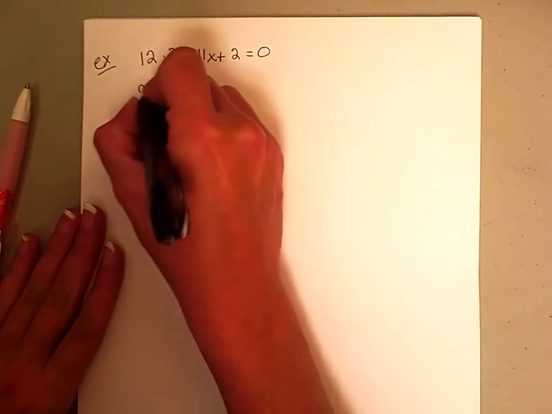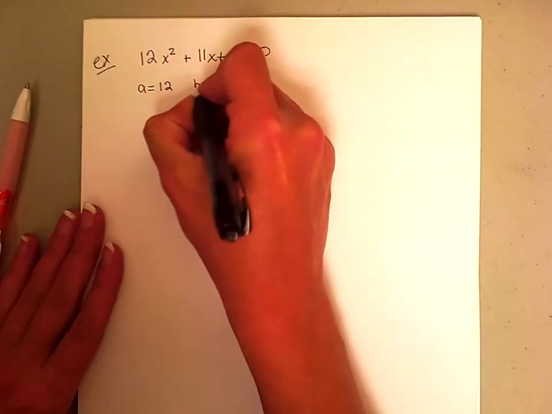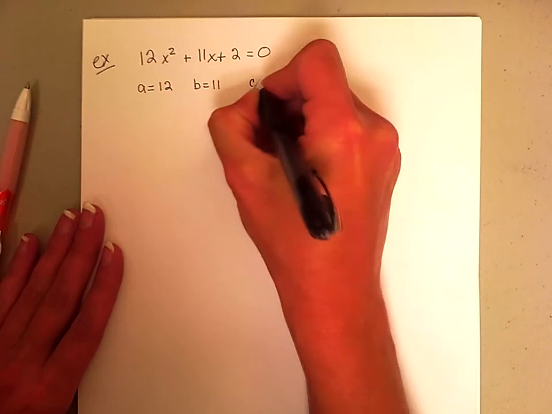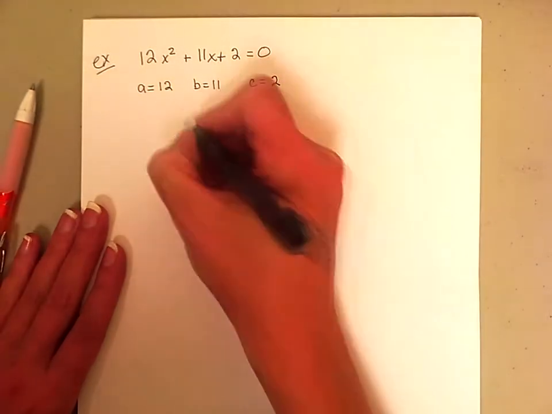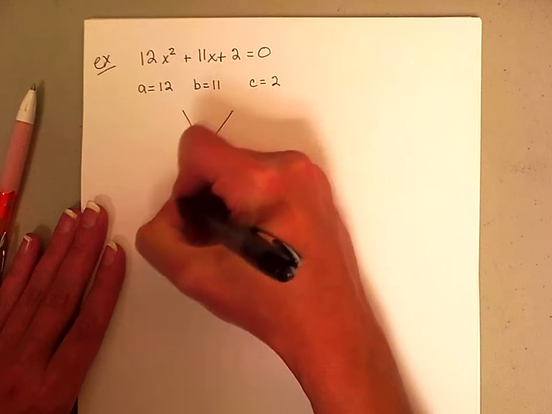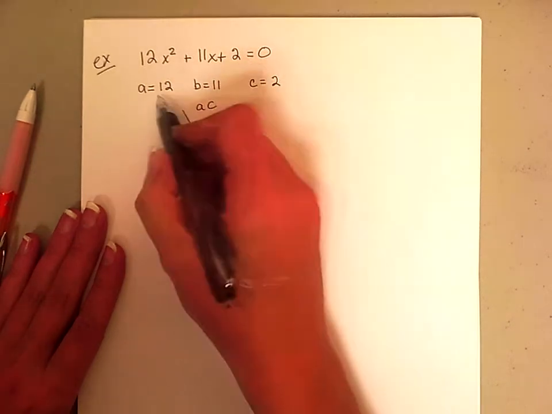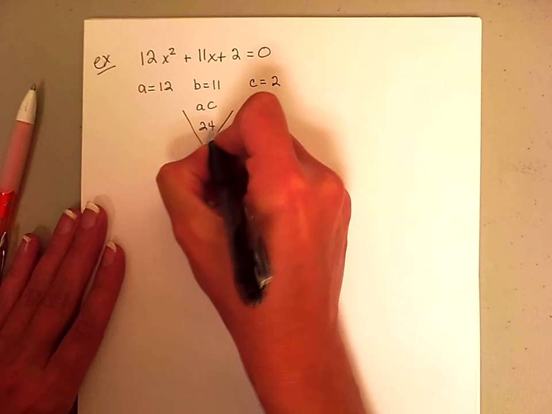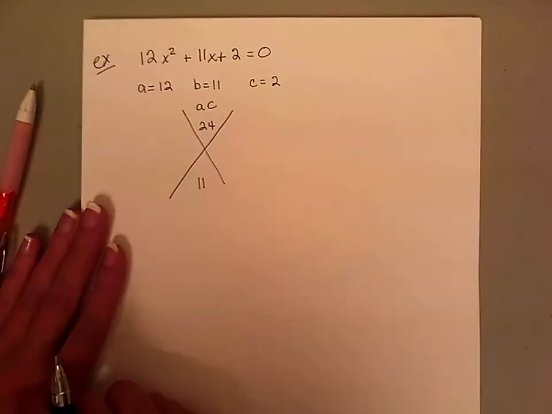Our A is 12, B is 11, and C is equal to 2. Then A times C is 24, and B is equal to 11.